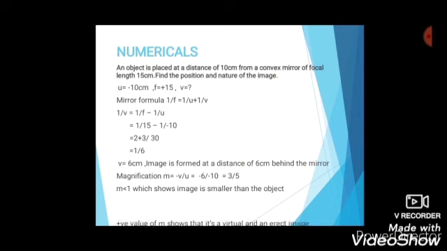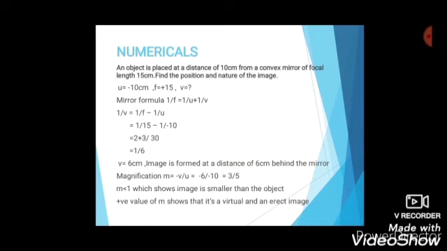So we have to find the nature of the image now. The positive value for the magnification indicates that the image is formed above the principal axis, right? If it is above the principal axis only, we have the positive value. Recalling the image formation, above the principal axis means it should be an erect image, and if it's an erect image, it will definitely be a virtual image, right?